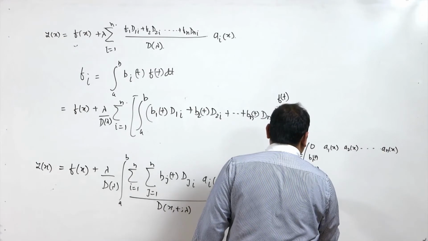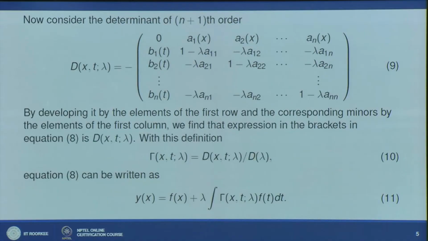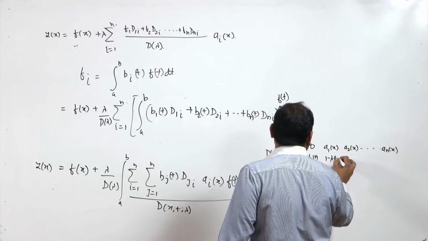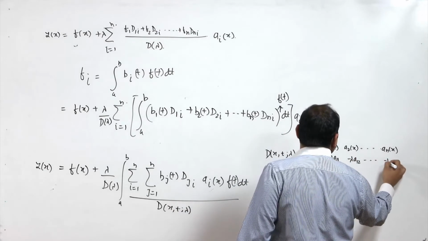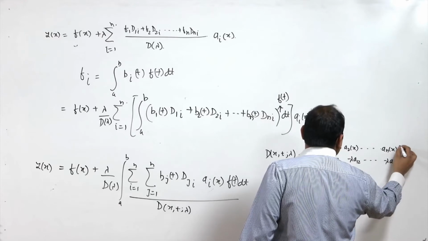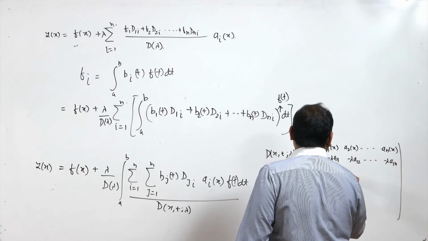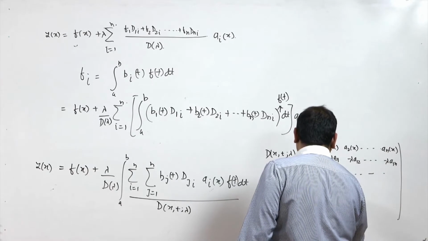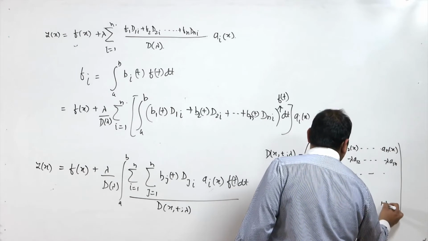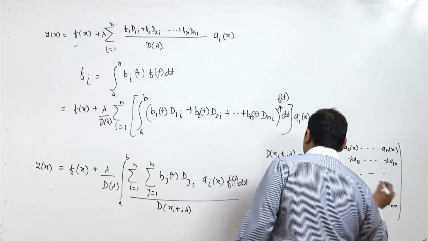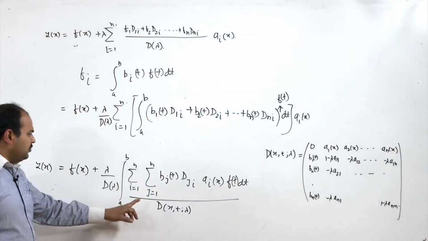Here it is bnt, and then we have the expression 1 minus lambda a11, minus lambda a12, and so on, minus lambda a1n, and here we have minus lambda a21, and so on. The last one is minus lambda an1, and here we have 1 minus lambda ann. Right, now we try to expand this dxt lambda and show that we are getting this.